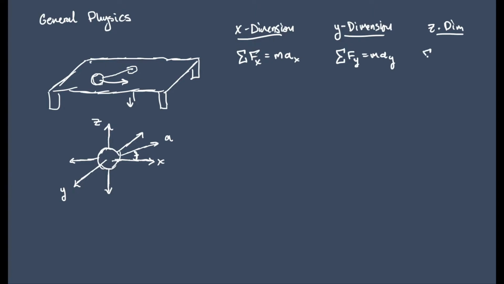And same here, the sum of the forces in the z dimension is equal to 0, because this ball is not moving up and down. There's no acceleration there. So that's equal to the mass times the acceleration in the z direction.